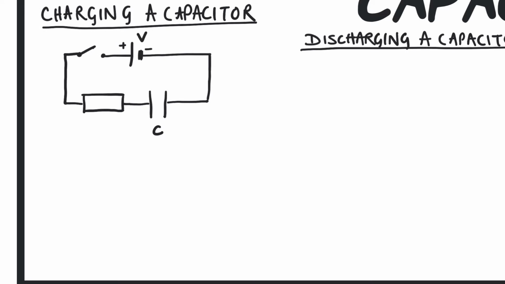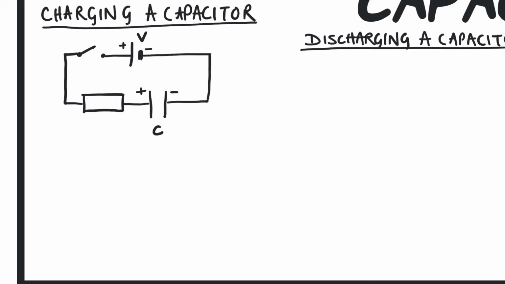Now remember that it's the electron movement repelling from the negative terminal and going towards the capacitor means that this first plate will be negative and the other plate then will be positive. That will keep on happening, it will keep on charging, and those charges will continue to move and gather on the plate until the voltage across the plates of the capacitor is equal to the EMF of the cell or of the battery.